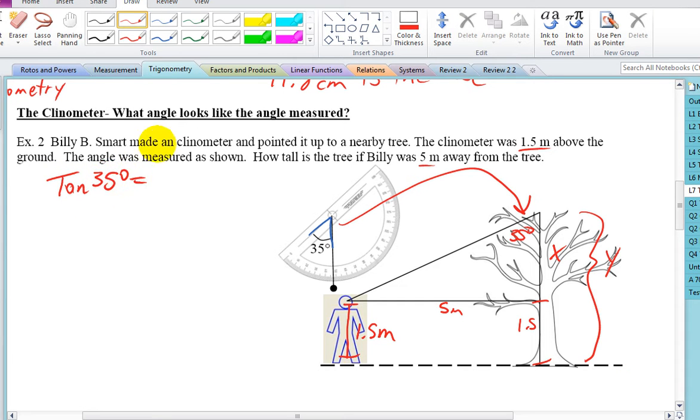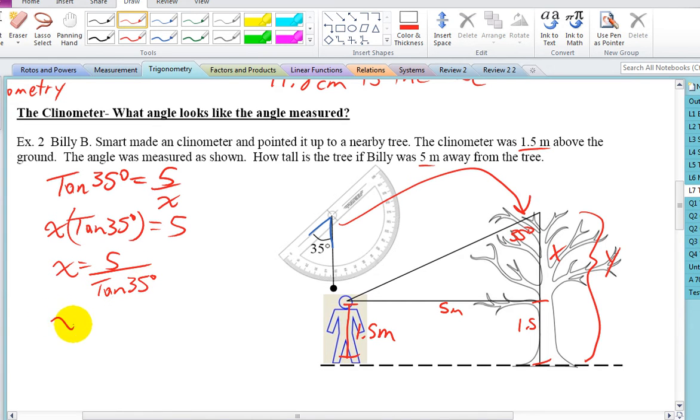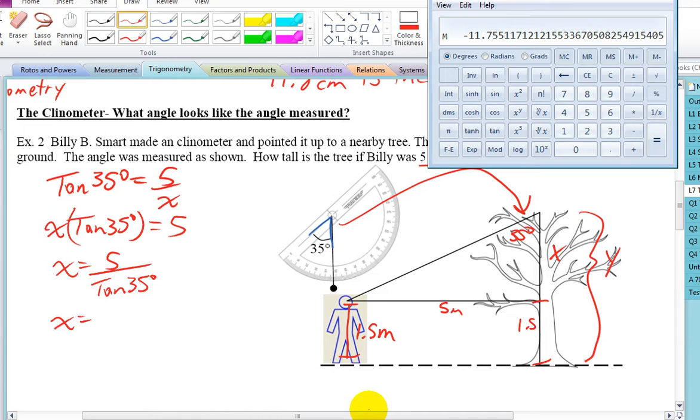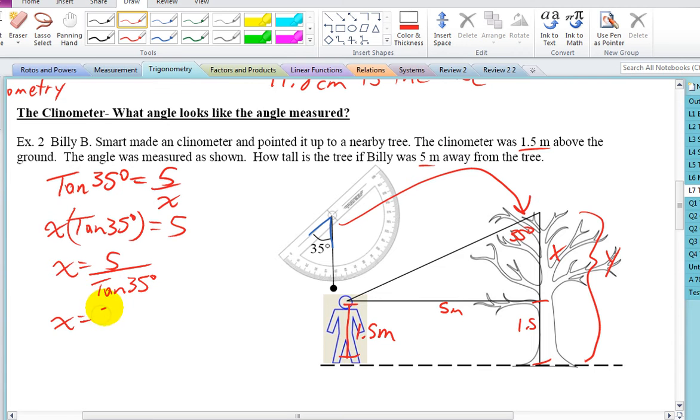So you should use tangent. x equals 7.14, and so y equals x plus 1.5.